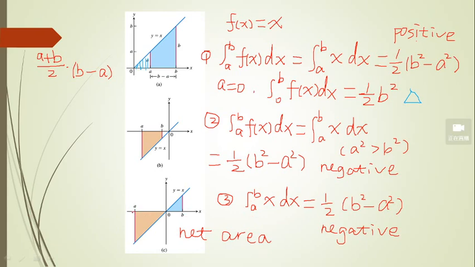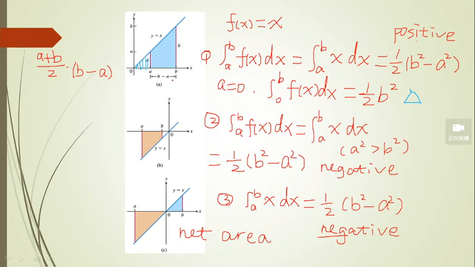But we know that the absolute value of a is greater than b. This length is greater than b. And from the graph, it's easy to tell the red part area is greater than the blue part. Of course, the net area will give the negative number.